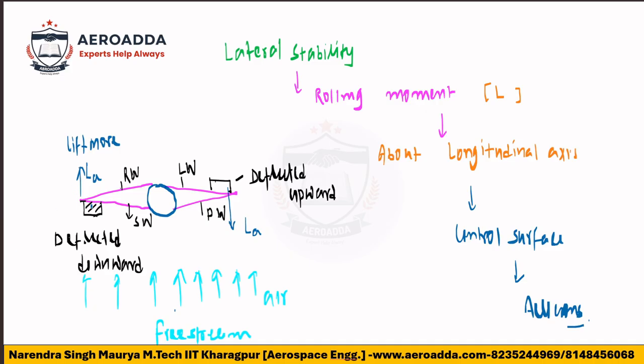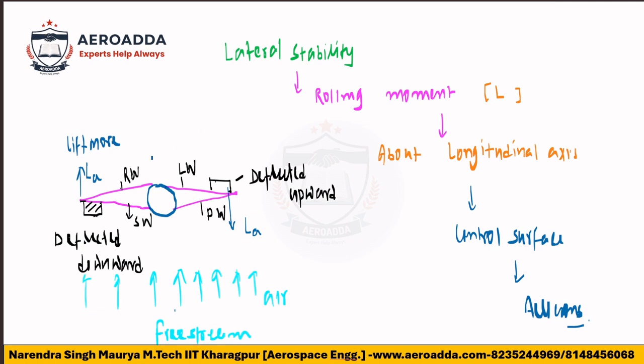Why? Because the aileron is deflected downward, correct? And just opposite on the port wing, the deflection of the aileron is in the upward direction, so the lift will be in the downward direction. That concept I have already explained for the elevator: when it is deflected upward and when downward, in which direction lift will be produced.